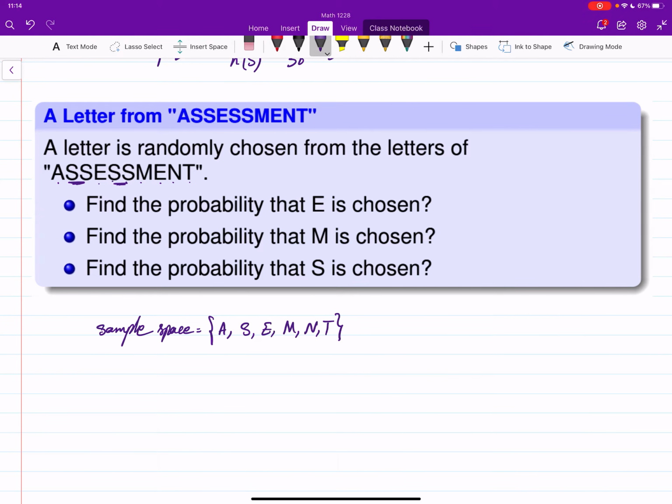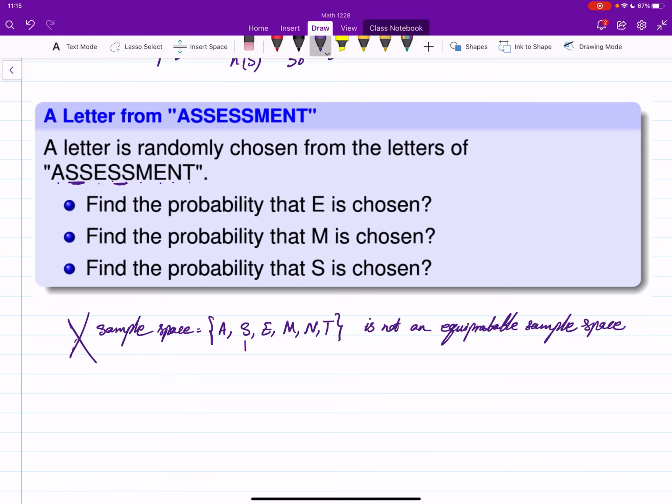It's more probable that we will choose one of the S's than just only one N. So that means that this is not an equiprobable sample space, so we cannot use the formula above. You cannot just say there's 1 out of 1, 2, 3, 4, 5, 6. The chance that you get S is not 1 over 6. So this cannot be used.